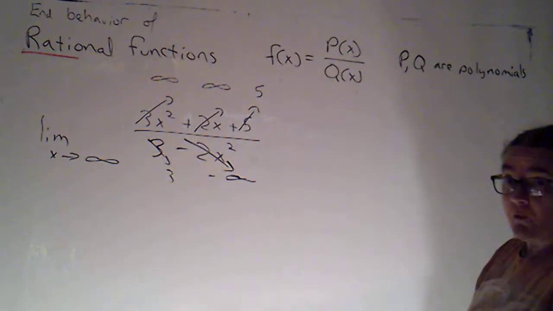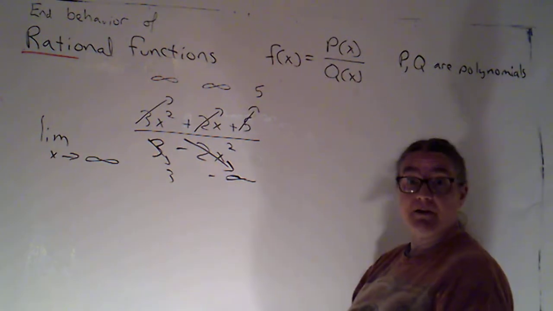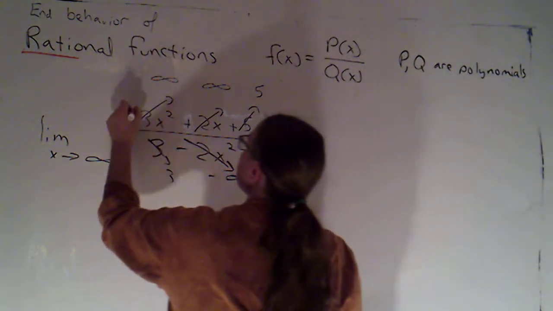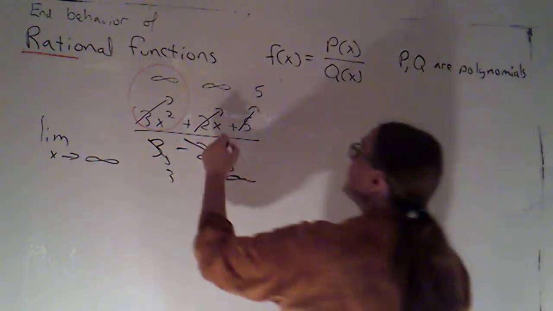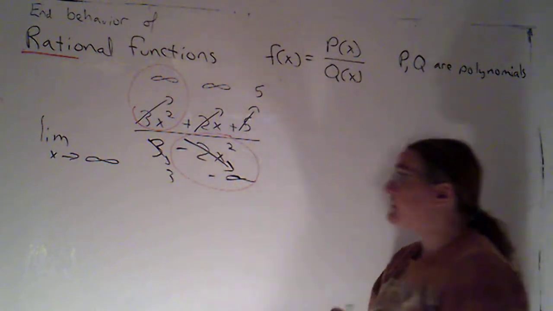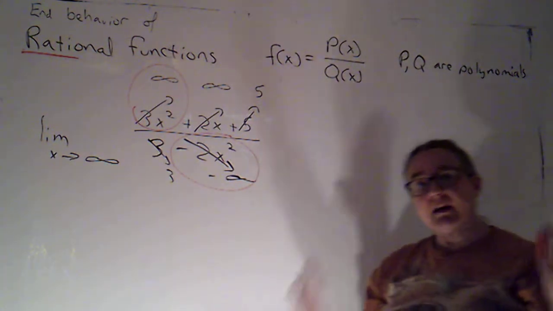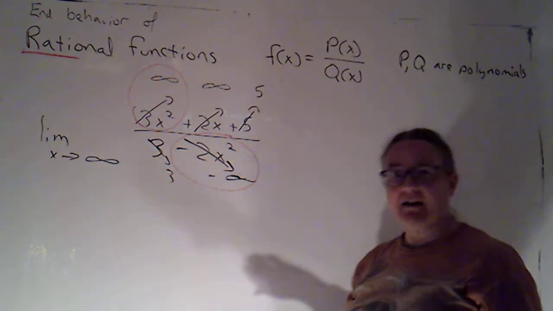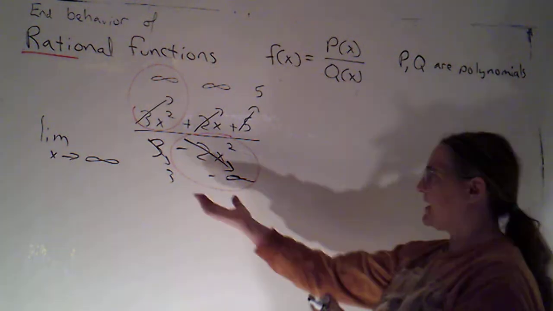Now, I do know, because the top and bottom are polynomials, that they're going to be dominated by their lead terms. So I know that the top is going to behave like 3x squared, so it's going off to infinity, and the bottom's going to behave like negative 2x squared, so it's going to be going off to negative infinity. But even that isn't helpful, because infinity divided by infinity is just as nonsensical as what I said a moment ago.